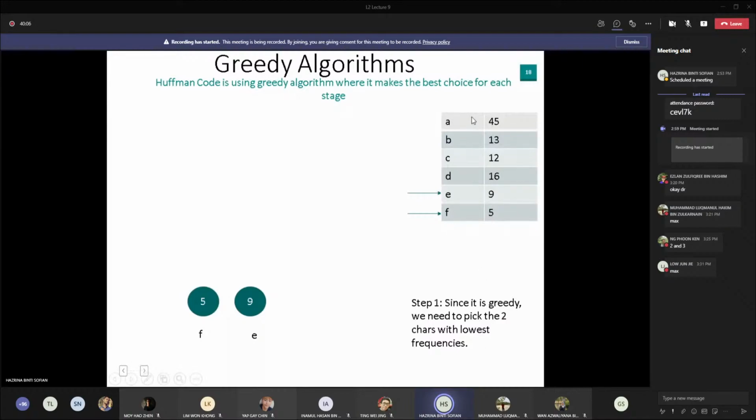Right now, this is the same frequency as the previous example, where A has a frequency of 45,000. Next, we search here and find the lowest frequencies, which are E and F. So we put E and F here, and inside the node you put the frequency.